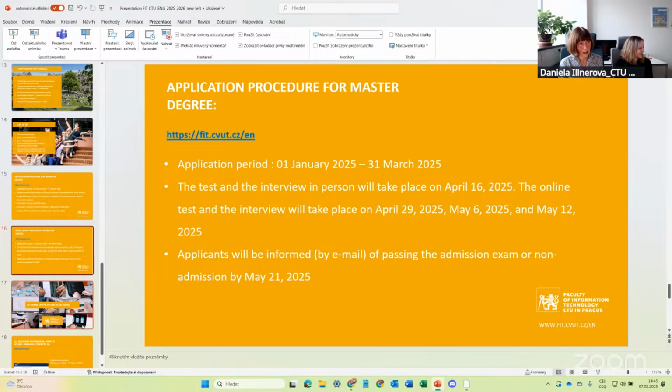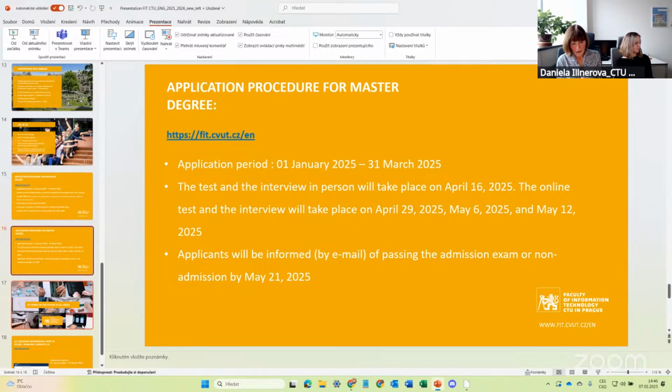However, there is another option within the frame of lifelong studies, where you can take some courses in English, but you will not receive a degree for it. You will pay something for it, so that would be a possibility.